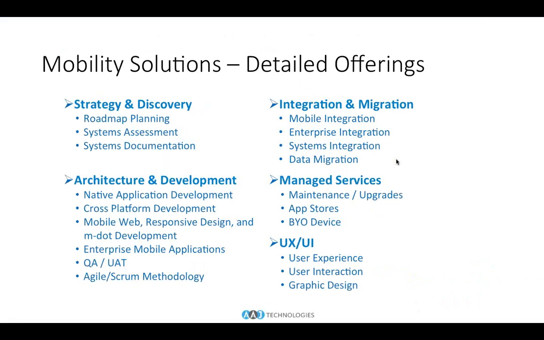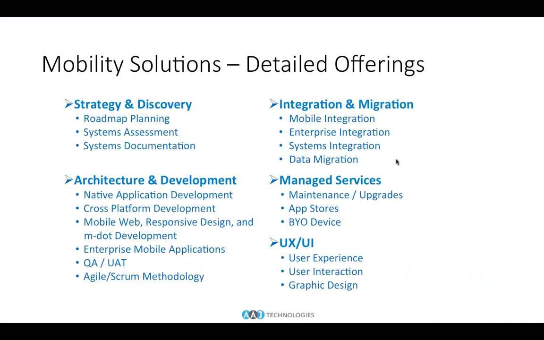So a lot of people ask, what are the differences between a native app and an MDOT app or a mobile website? What is the difference between all those? Well, one easy way to explain it is to actually show you guys some examples of what the differences are between a native app, a rapidly developed app, versus a mobile web.